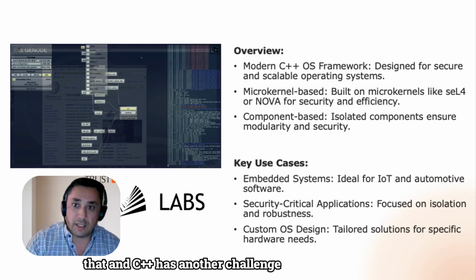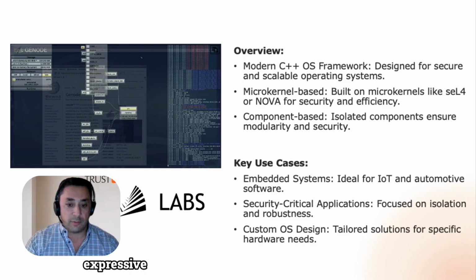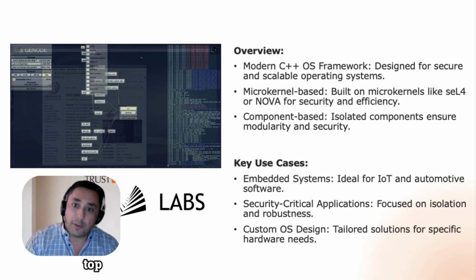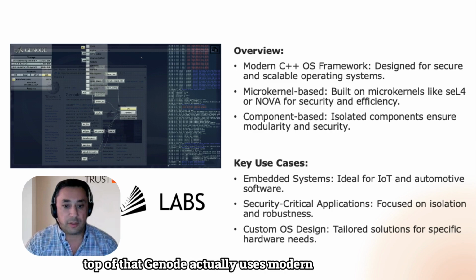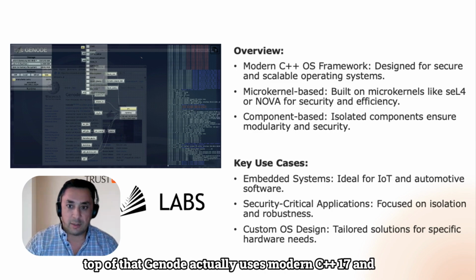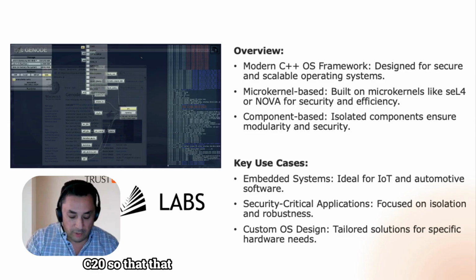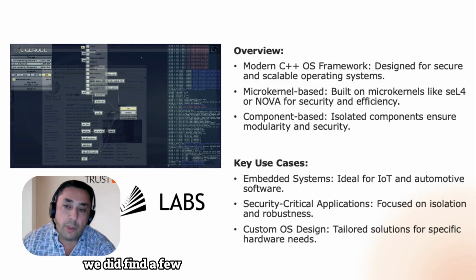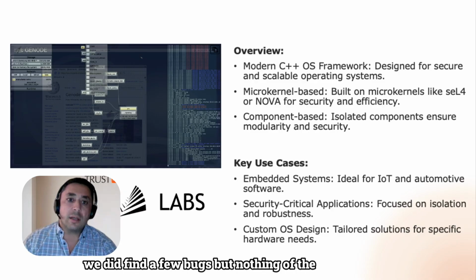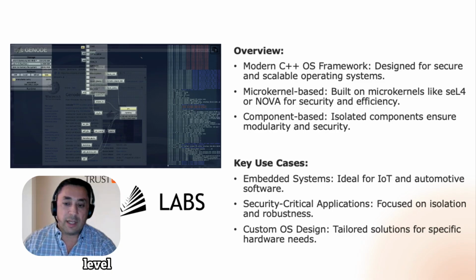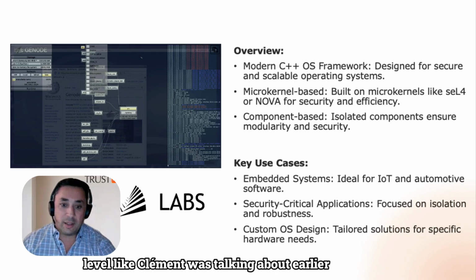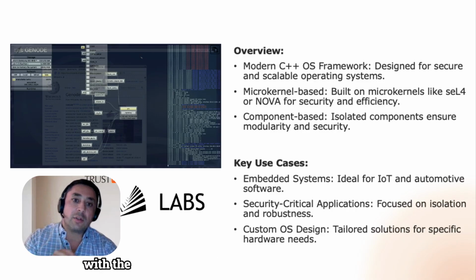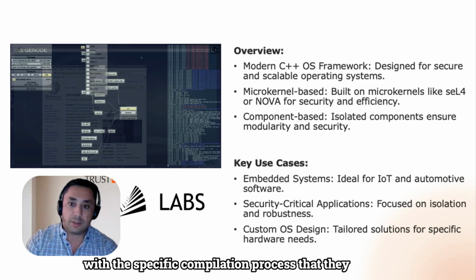C++ has another challenge, that it's very expressive. It's very hard to analyze C++ code. And on top of that, Gnode uses modern C++, C++17 and pieces of 20. So that was an interesting one. We did find a few bugs, but nothing of the security level like Clément was talking about earlier. It was really corner cases of things that were actually okay with the specific compilation process that they were using.